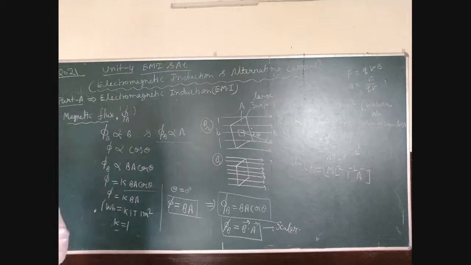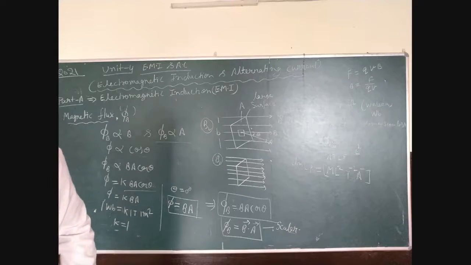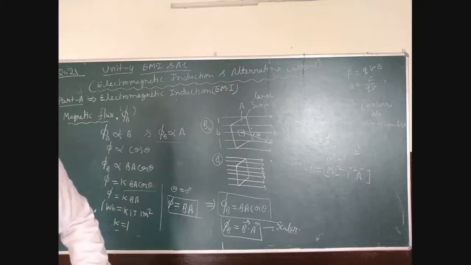Now write some important things. The magnetic flux through any surface of area vector A held in magnetic field vector B is measured by the total number of magnetic field lines of force crossing the surface normally.